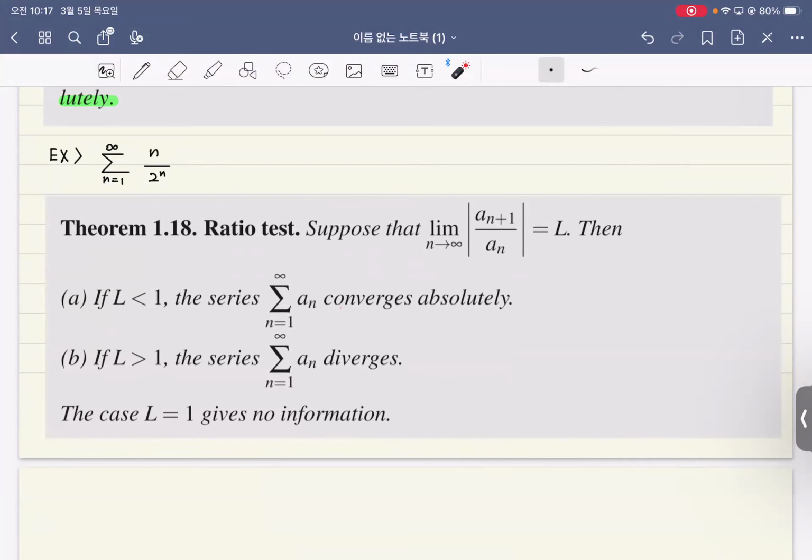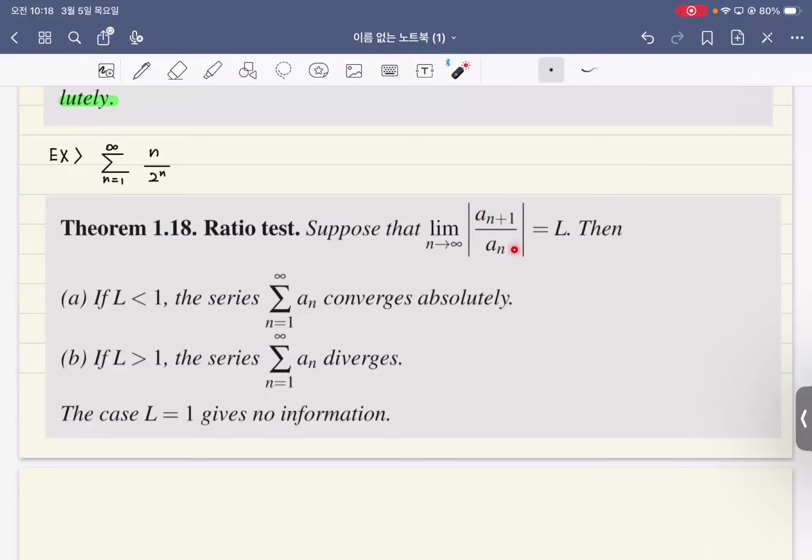Suppose you have the series. Here we take the sequence a_n, and we take the ratios between two consecutive terms, a_{n+1} and a_n, and then take the absolute value, and we consider the limit of this new sequence.